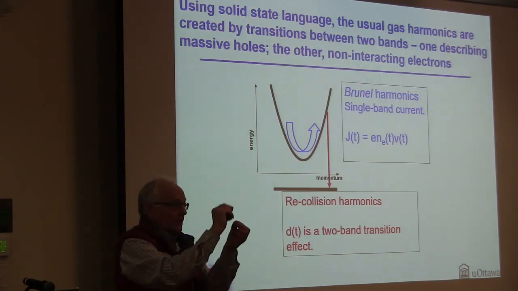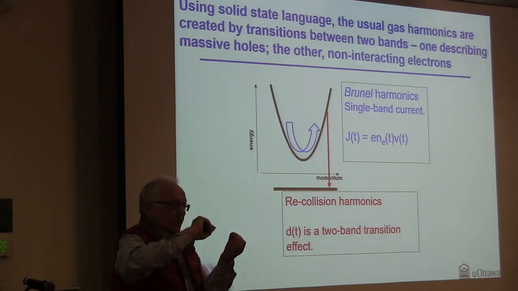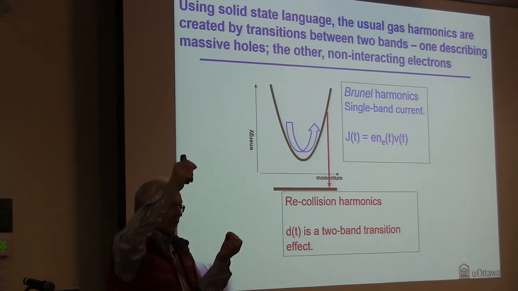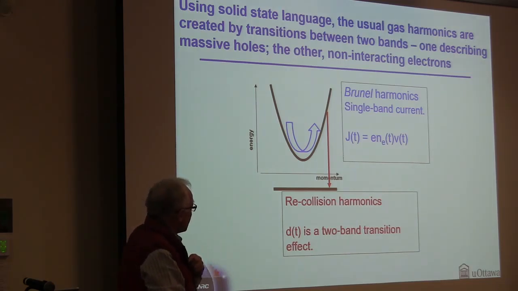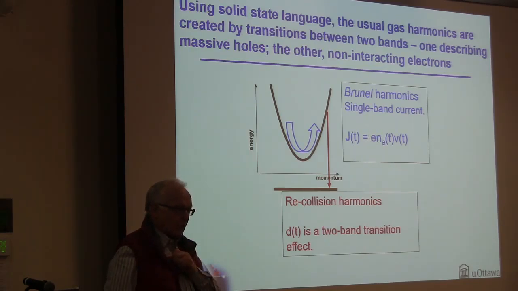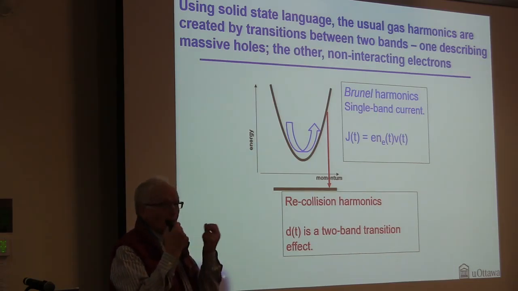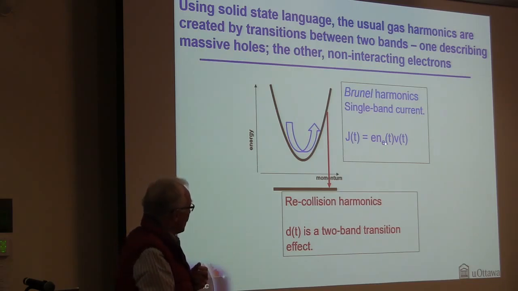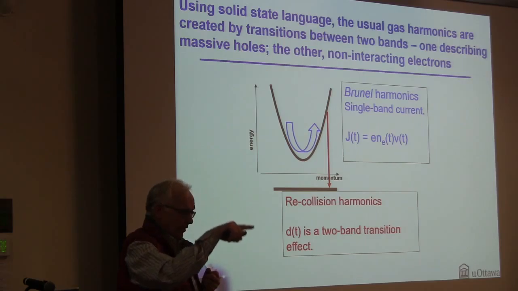And every half cycle, that current has a jump in it, because the number of electrons are jumping every half cycle as the electron tunnels. So the current, which is the charge times the number of electrons as a function of time, times the velocity as a function of time, has a higher harmonic, not very high, component because of the time dependence of tunneling.